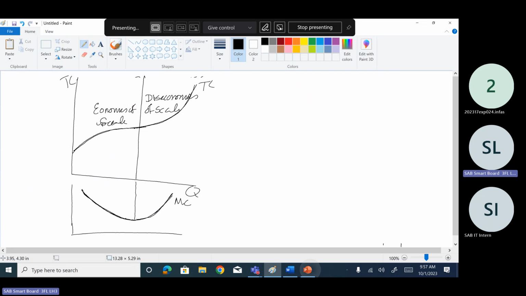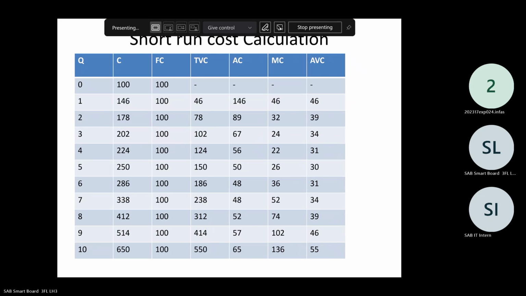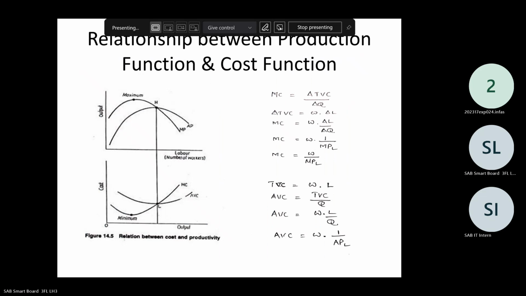So that is something that we can see. When you talk about these average and marginal cost curves, we observe that they are U-shaped. Now you may remember we talked about the marginal productivity and average productivity with respect to the total production function.